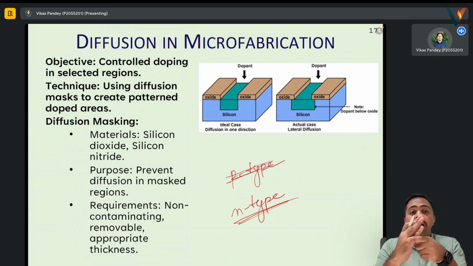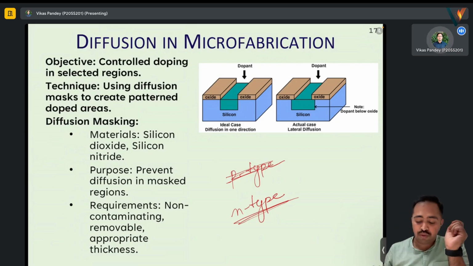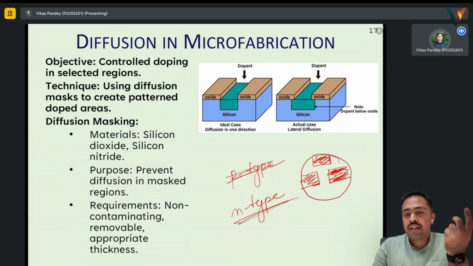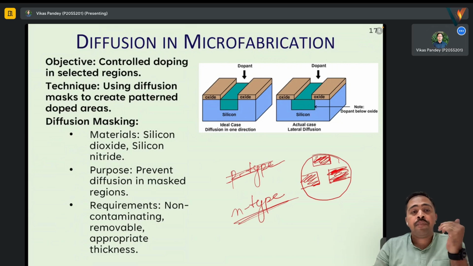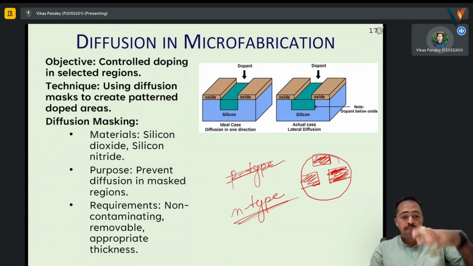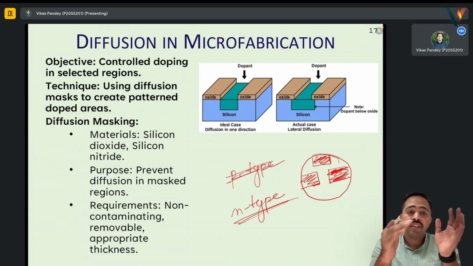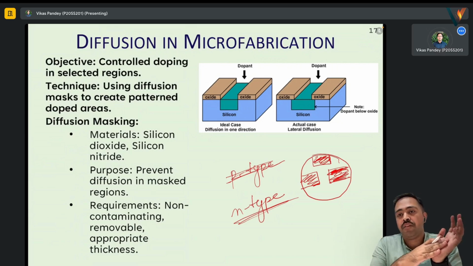So the technique is using a diffusion mask. So we have the wafer, we are masking some areas and we are opening some areas. Let's say we are covering this area with oxide or nitride, silicon oxide or silicon nitride. So these patterns are created at first that will cover the area, then this diffusion will be done.